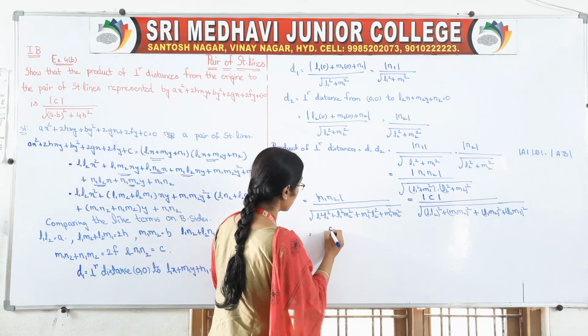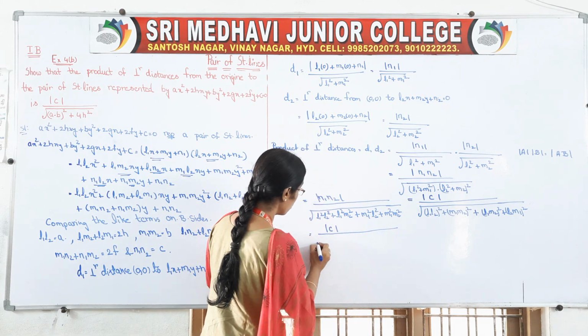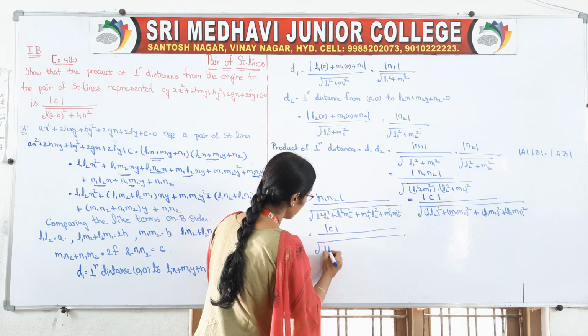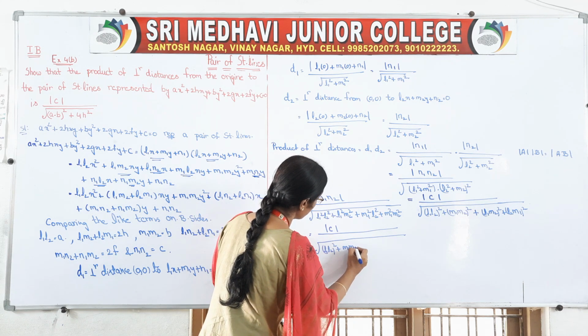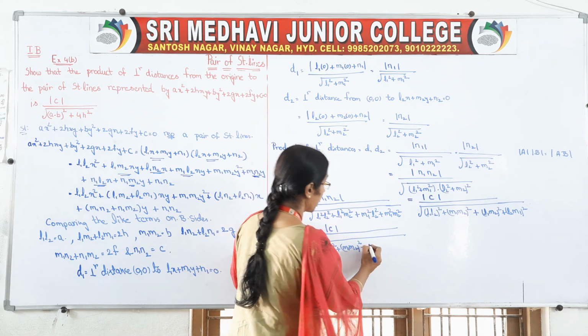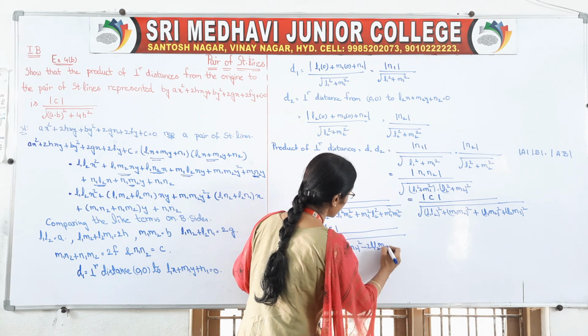Okay, so it is mod C by root of, that value should be deducted, right? L1 L2 whole square plus M1 M2 whole square minus, we have to deduct L1 L2 M1 M2.